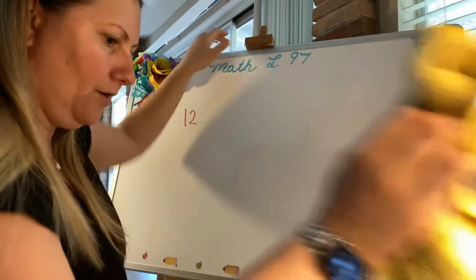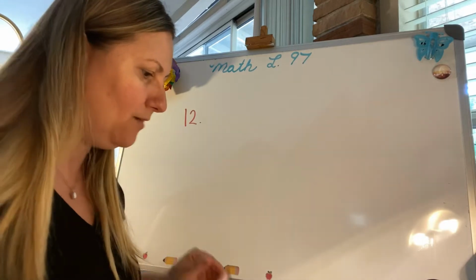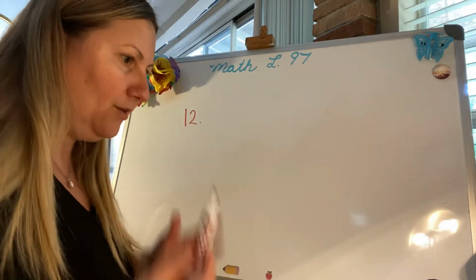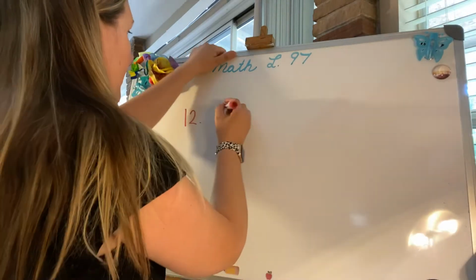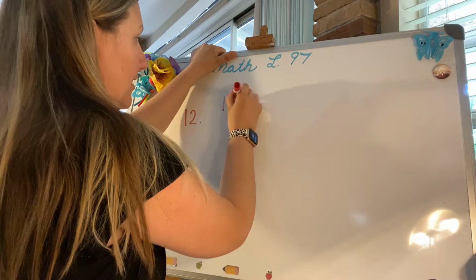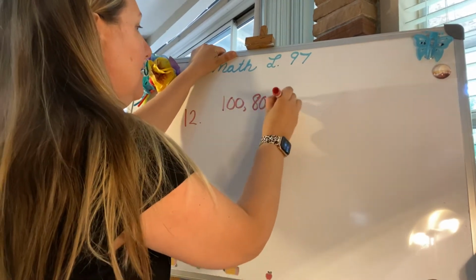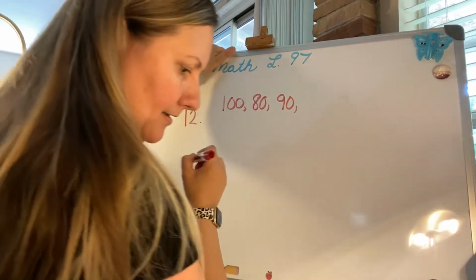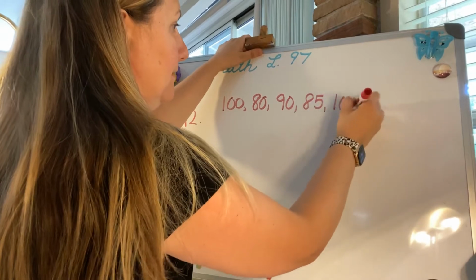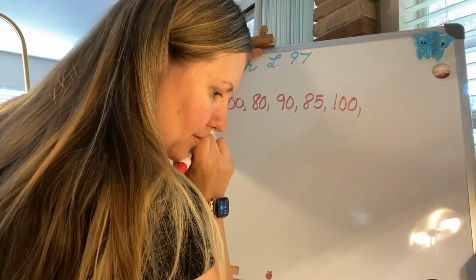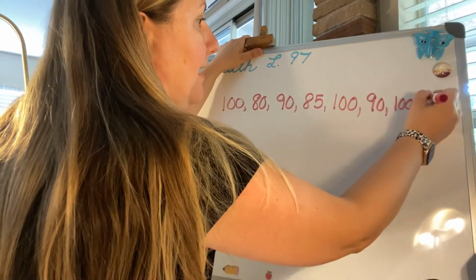Okay, so the numbers we have, first of all, I really recommend that you write down all the numbers that you are given in the order that they are given. So first of all, we were given the number 100. Then we have 80, then we have 90, then we have 85, and then 100, and then 90, 100, and one more 100.